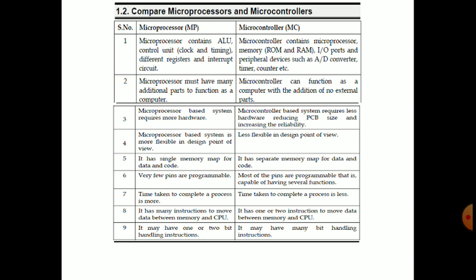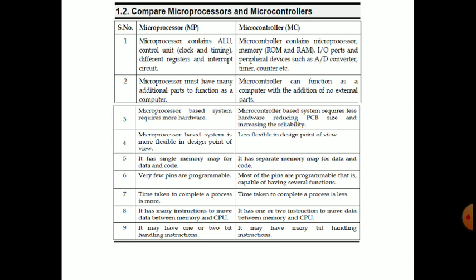But in a microcontroller, we have separate memory for data and code. This is very useful, because of this separate memory map the speed of processing is increased compared to the microprocessor.